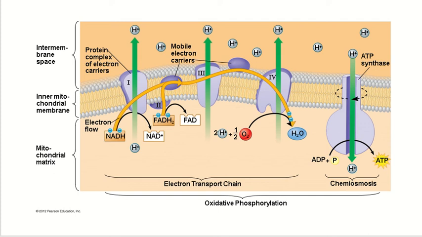Simultaneously, 2 electrons from cytochrome 3 will be transferred to cytochrome 4 via cytochrome C, another mobile electron carrier.